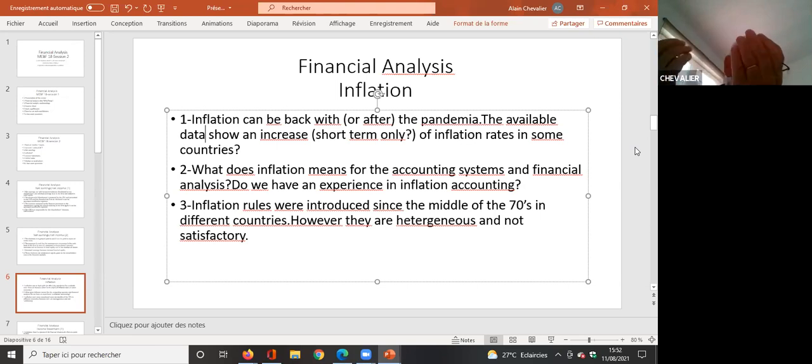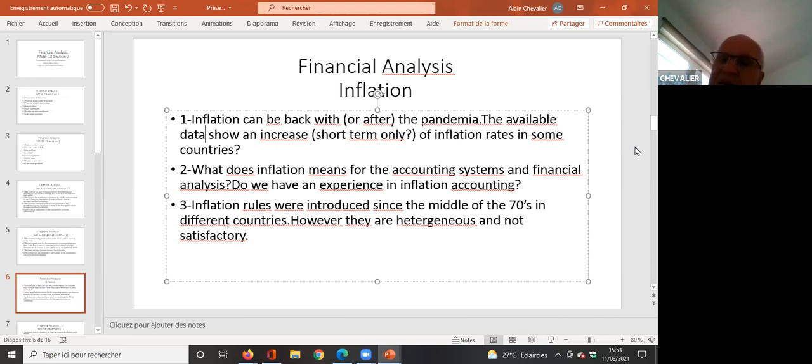And the question is, do we have that kind of experience? And the answer is yes. We had long-term periods of inflation in the world. And of course, accountants, experts and regulators tried to adapt to that situation, and we introduced inflation rules, generally in the middle of the 70s in different countries.